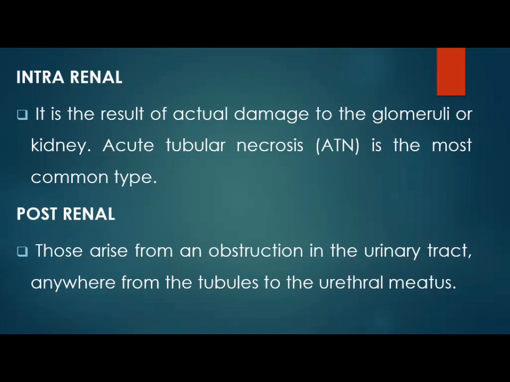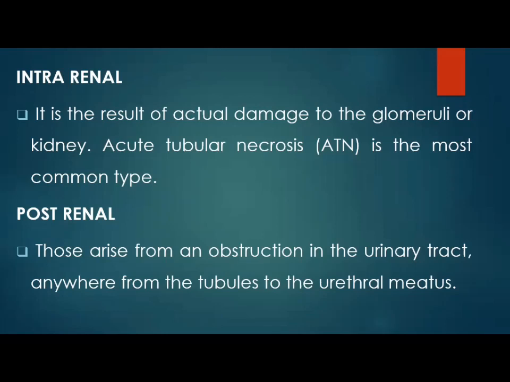Then there is the post-renal cause. These arise from an obstruction in the urinary tract, anywhere from the tubules to the urethral meatus. So the pre-renal are causes that occur outside the kidney that will reduce blood supply to the kidney.